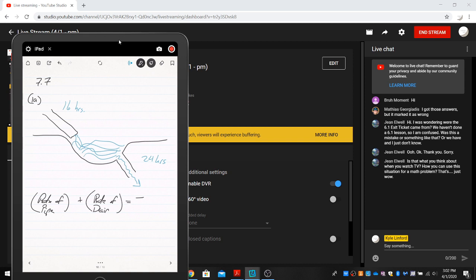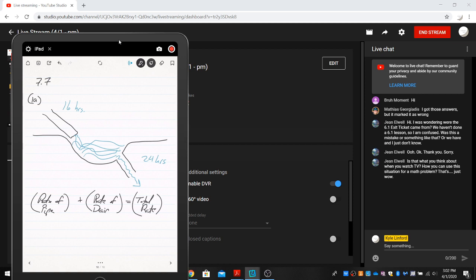And together that should give me the total rate that it takes to fill the reservoir. Well, that's kind of a weird situation, right? Because the pipe filling the reservoir and the pipe draining the reservoir aren't working together. They're actually working opposite each other, right? One's filling it, one's pulling water away.